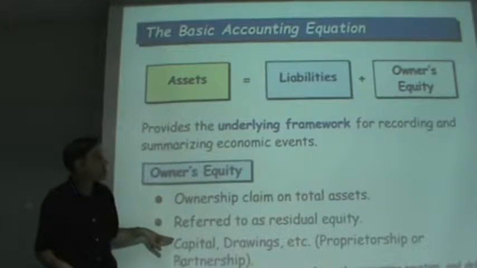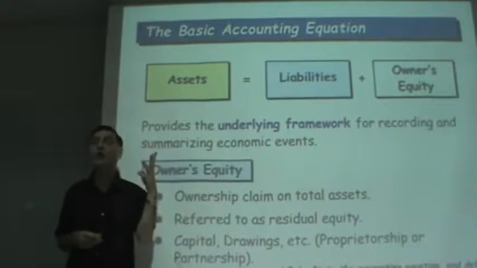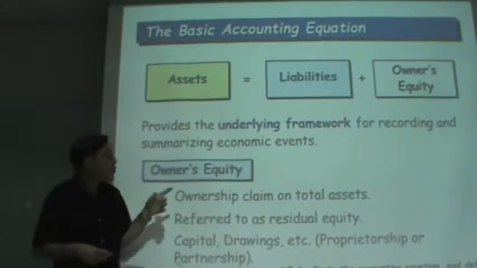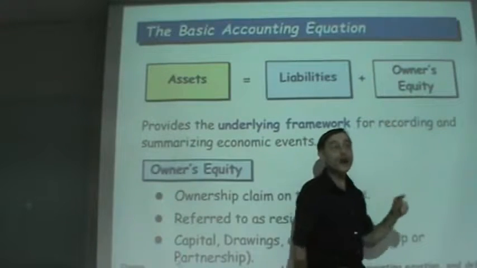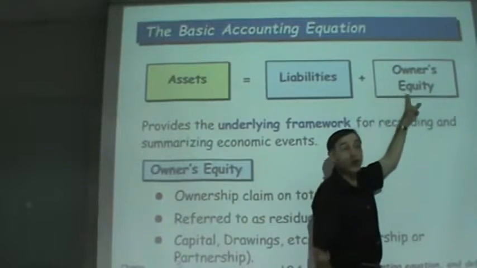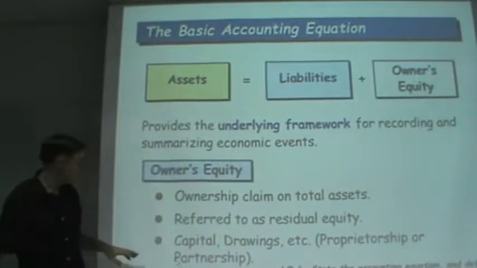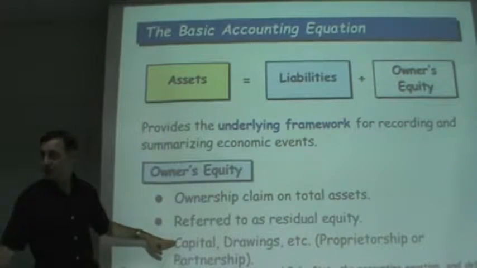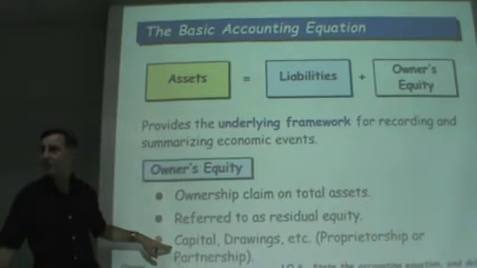So this owner's equity is confusing because it's got 3 or 4 different names. One, it's called equity. The other one is called owner's equity. Another name is called capital, okay? And another one is called owner's capital.